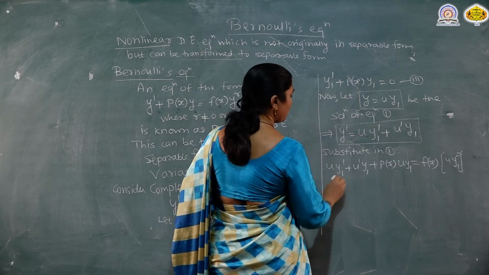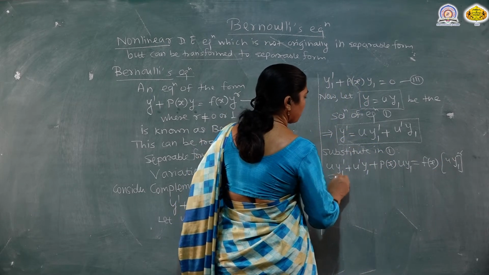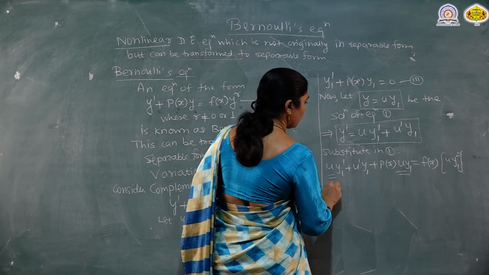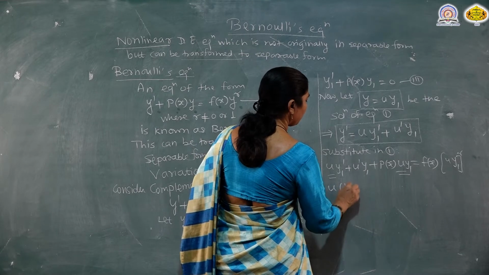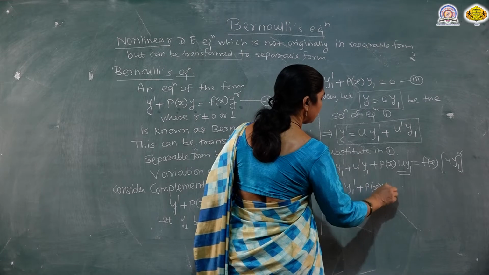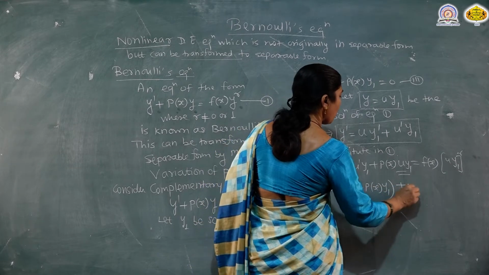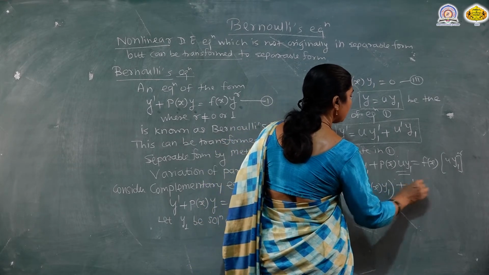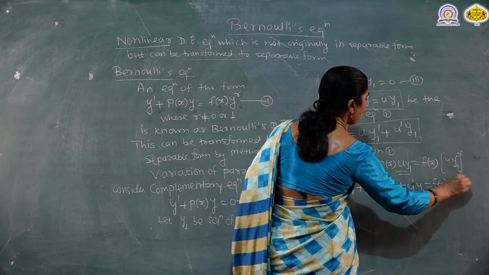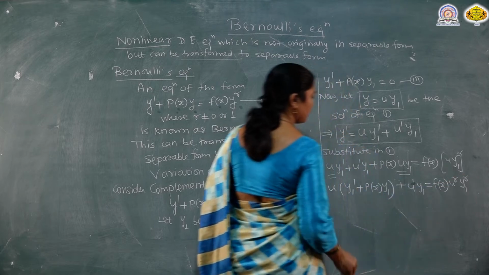Simplifying this, we get u(y1' + p(x) y1) + u' y1 = f(x) u^r y1^r.